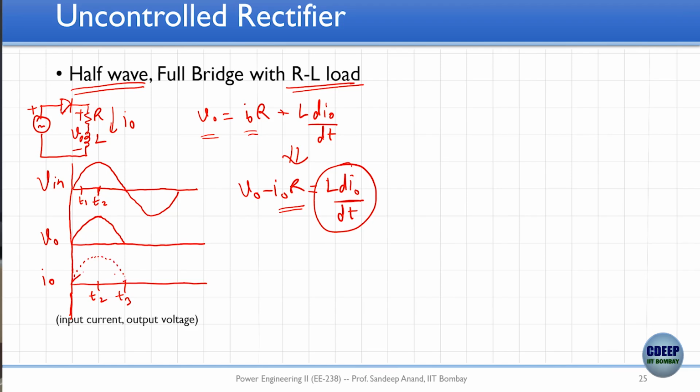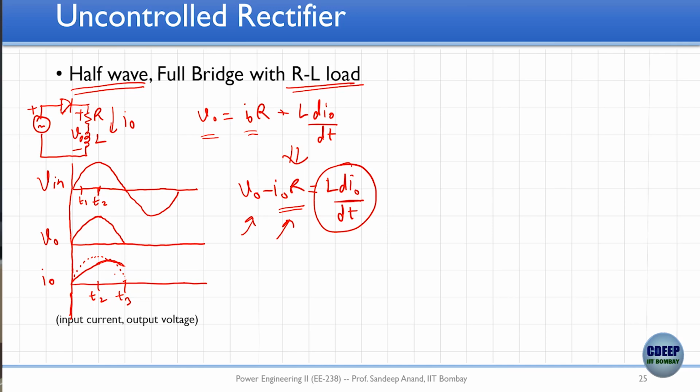Here, while rising, it was not able to rise at the same speed, right? Since it didn't reach the top, immediately at t equal to T2, your V naught is still more than I naught into R, right? So maybe it will continue to rise further till some point and then start reducing with a smaller slope. So even the peak may not happen at t equal to T2 because there is an R and L, right?